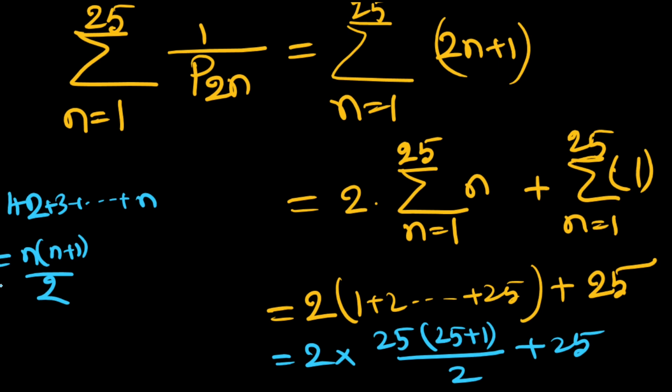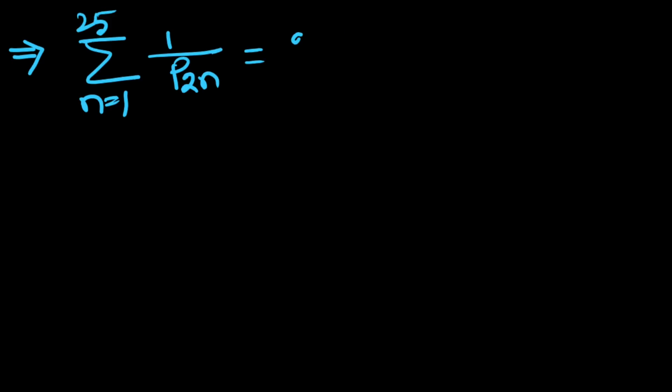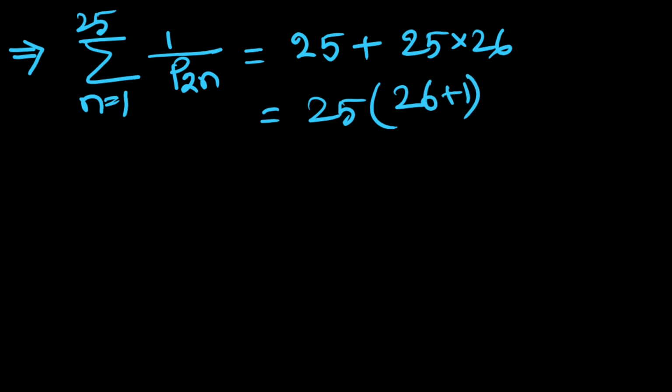Therefore summation n = 1 to 25 of 1 over P(2n) is equal to, here 2 cancels, then 25 times 26 plus 25. Therefore 25 + 25 into 26 is equal to 25 common, 25(26+1) = 25 into 27, that is equal to 675.